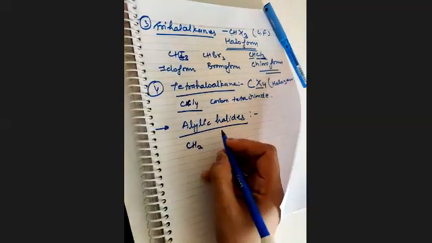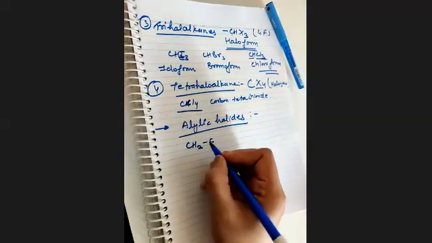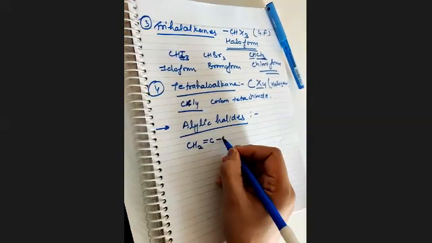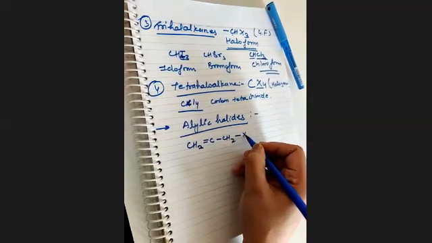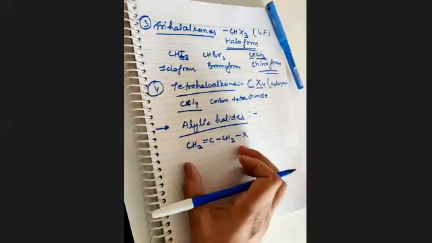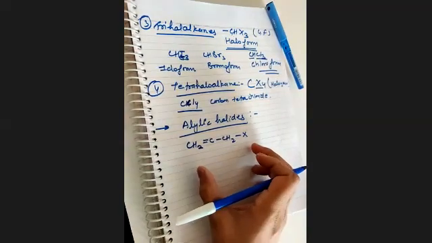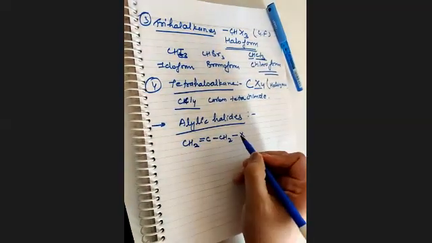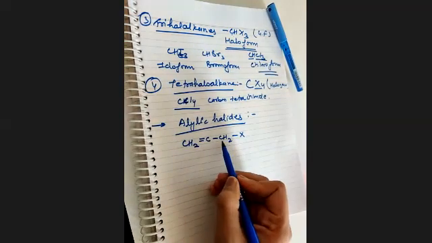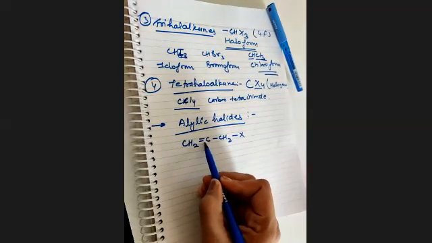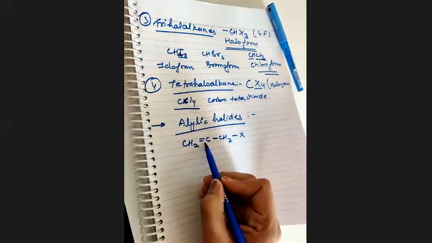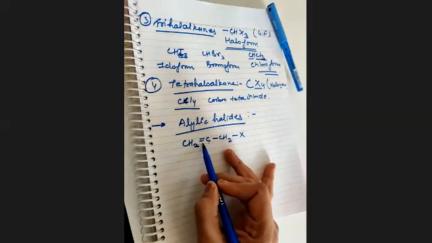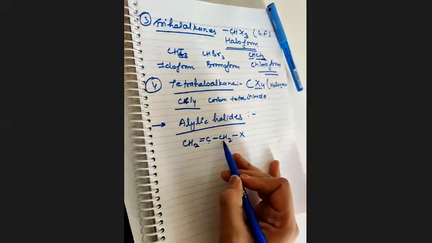When you have CH2 double bond carbon, CH2 and X. The most important condition when this allylic halide forms is that your halogen will attach to the next carbon from the double bond.